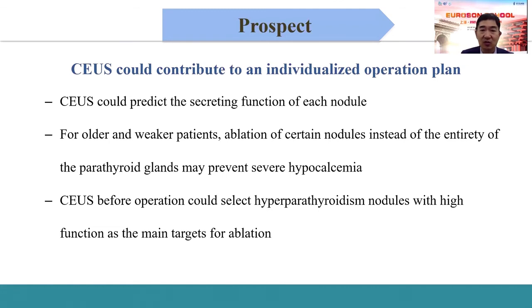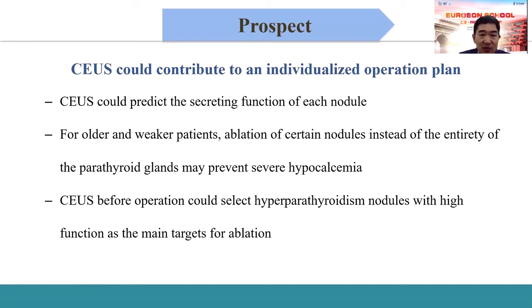Because generally we ablate all of the SHPT nodules, but for old and weaker patients, if we ablate all of the nodules, the value of iPTH will obviously decrease, which may induce serum hypocalcemia. Serum hypocalcemia is dangerous for weaker and older patients.